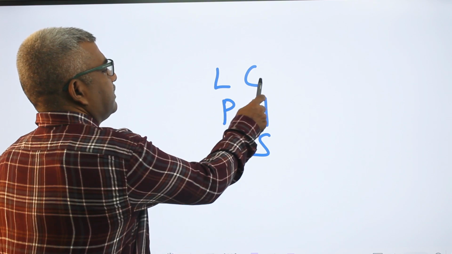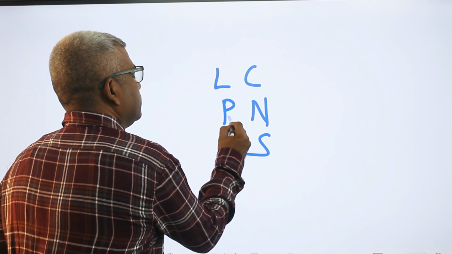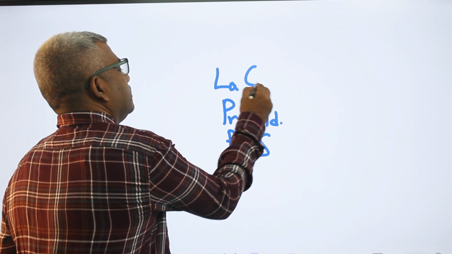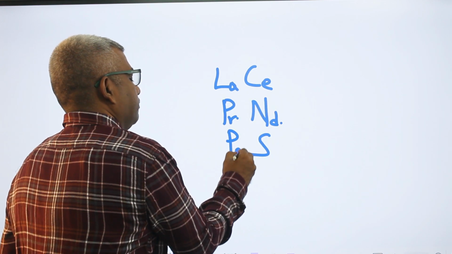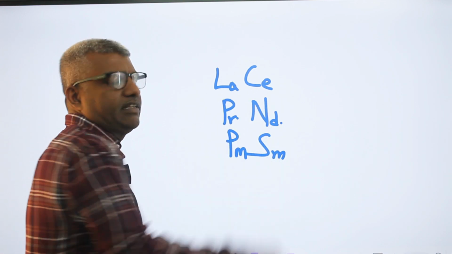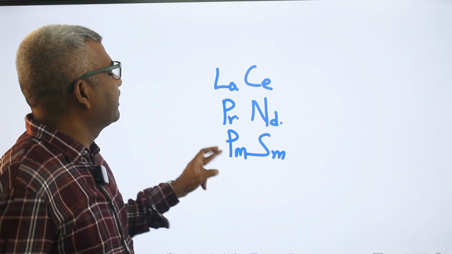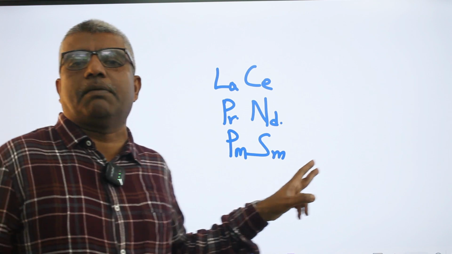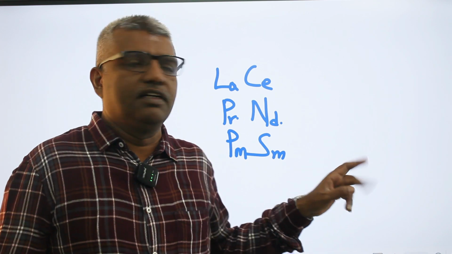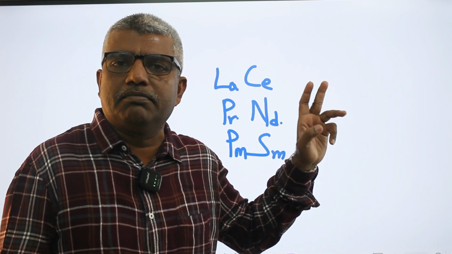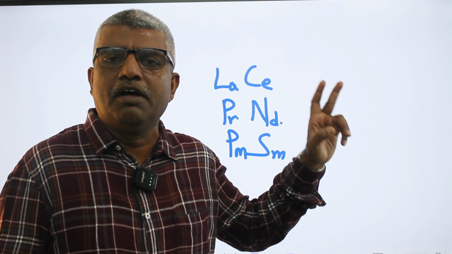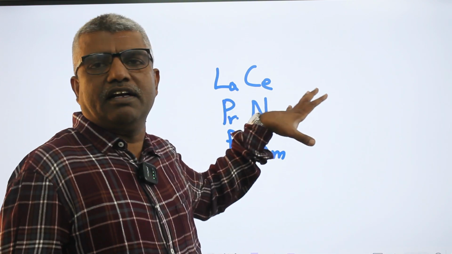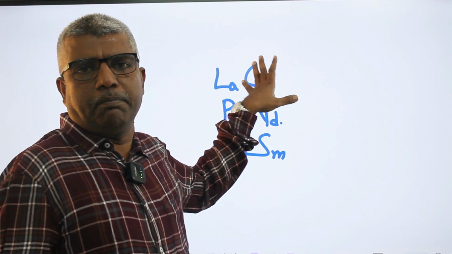So lanthanum, cerium, praseodymium, neodymium, promethium, samarium. Remember PM, SM, so you may not get confused: here P, here PM, SM, promethium, samarium. These 5 elements plus lanthanum.